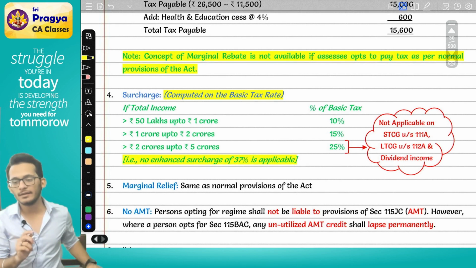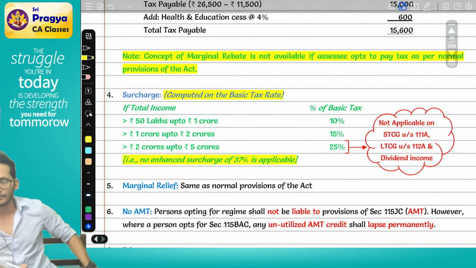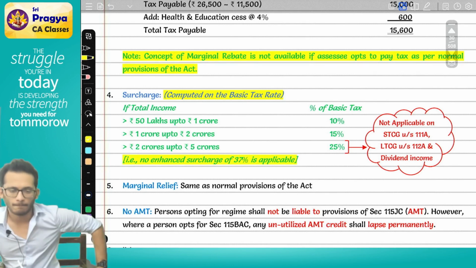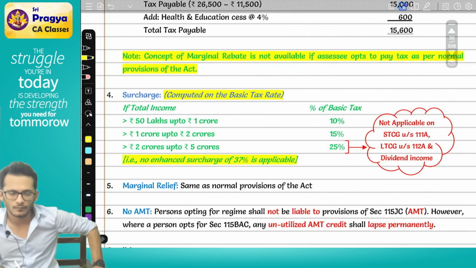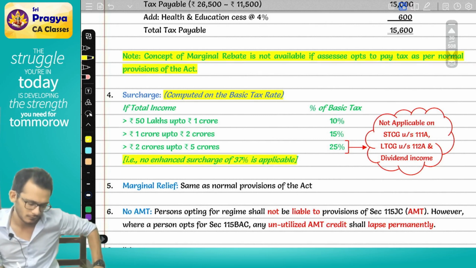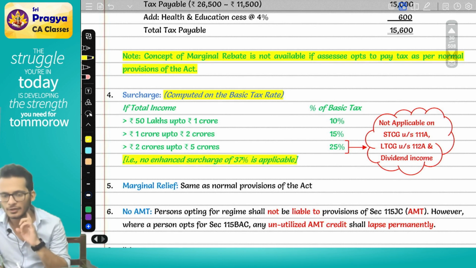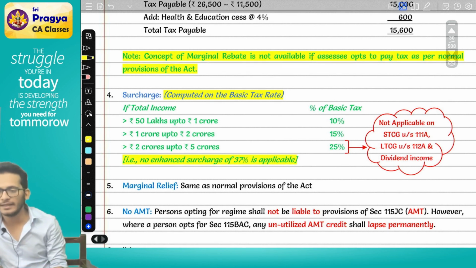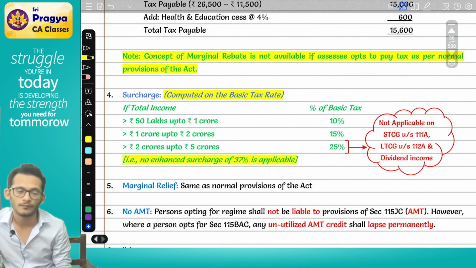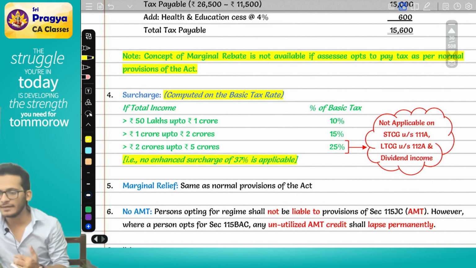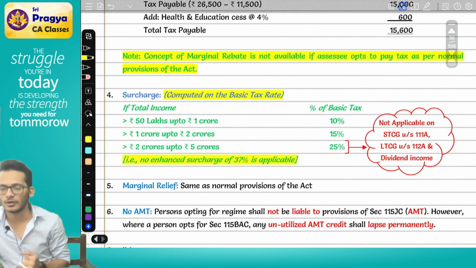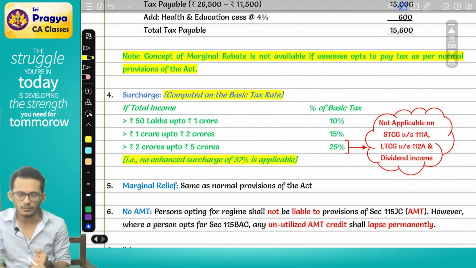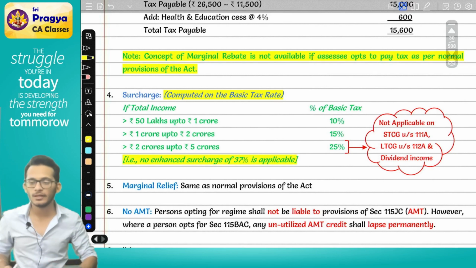Highlight that the concept of marginal rebate is only applicable in case you opt for the new regime. It cannot be opted for old regime. Can we go forward?